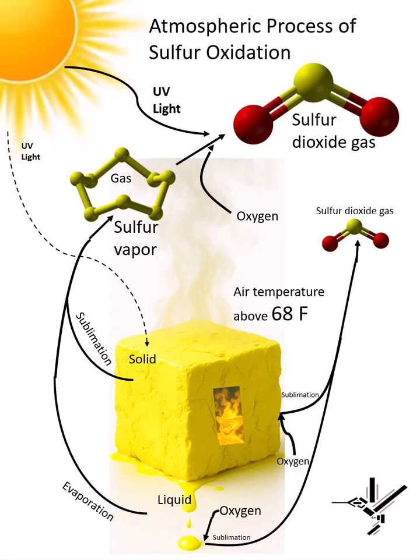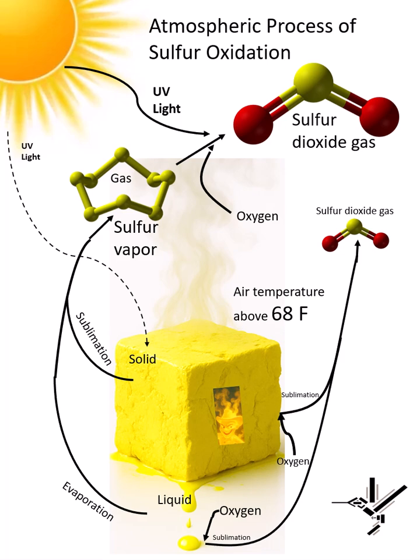And ultraviolet light from the sun increases the rate of sublimation, whether it's directly to sulfur dioxide gas or the more prevalent pathway to sulfur vapor. Sulfur vapor ultimately gets converted by ultraviolet light and oxygen into sulfur dioxide gas.